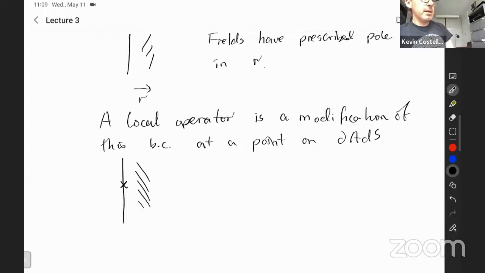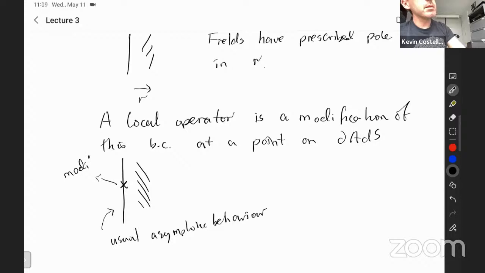Which means away from this point, we're going to have usual asymptotic behavior. And at this point, we're going to have modified asymptotic behavior.